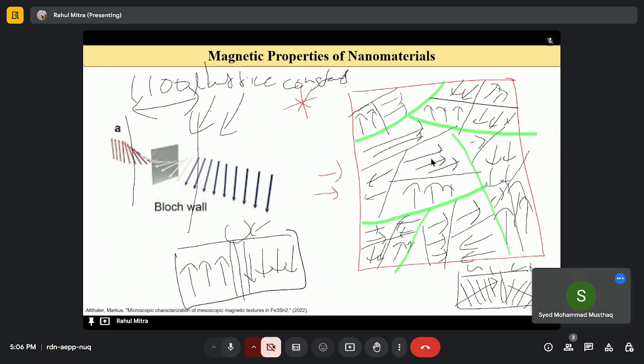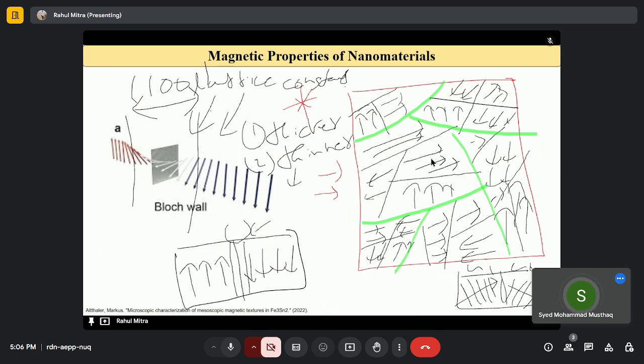Now this Bloch wall defines the anisotropy, right? So how does it define the anisotropy? One, a thicker Bloch wall; two, a thinner Bloch wall.